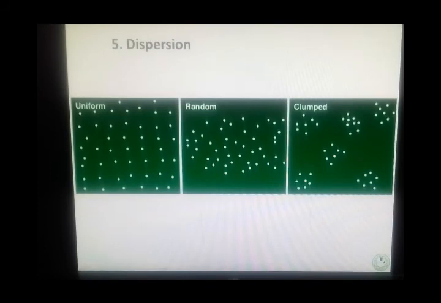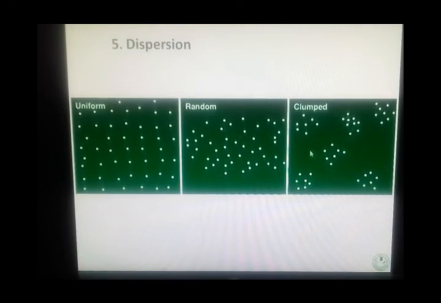So I hope that you have understood uniform distribution. Now random distribution. Here, the individuals in a population are scattered over an area without regularity or any degree of affinity to each other. So they don't have any affinity to be congregated or to be evenly spaced.